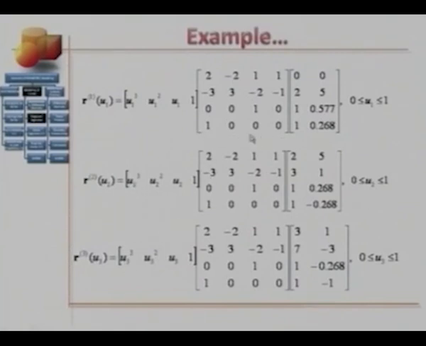The 4 by 4 Ferguson matrix will be identical for the 3 cases, and the geometric information will differ. This geometric matrix corresponds to the first and second data point. This one here corresponds to the second and the third, and here the last one corresponds to the third and the fourth data point. The slopes are mentioned respectively.